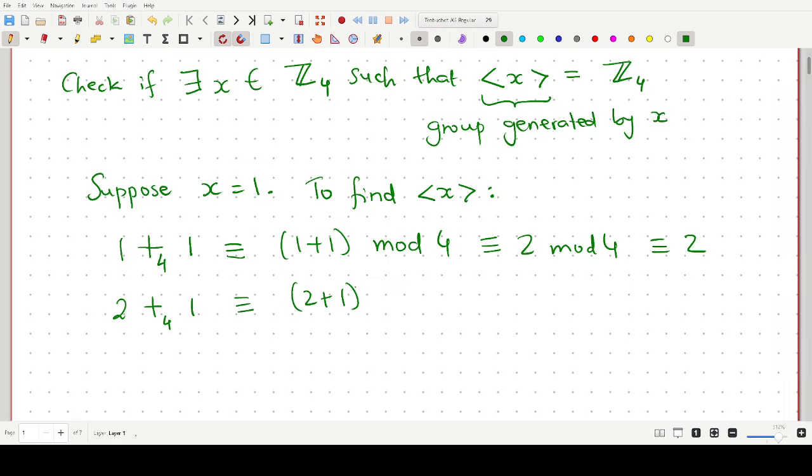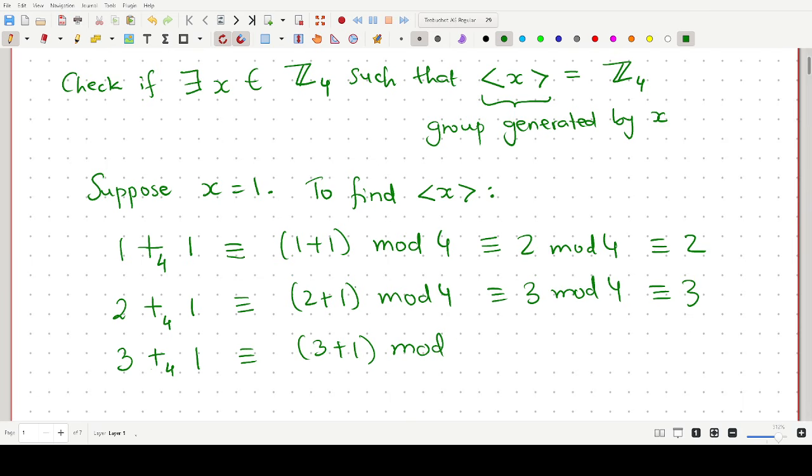Okay, so 2 plus 1 modulo 4, that is same as 3 modulo 4, and that is going to give us 3. 3 plus 1 is going to give us 3 plus 1 modulo 4, right? And that is going to give us 4 modulo 4, and that is equivalent to 0.